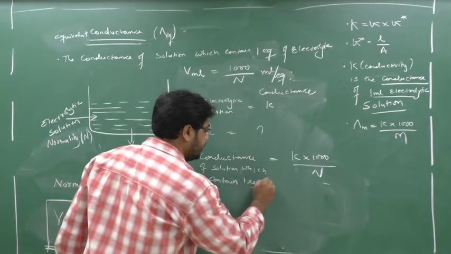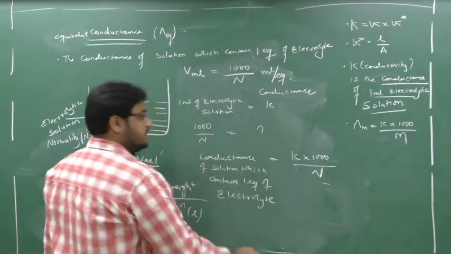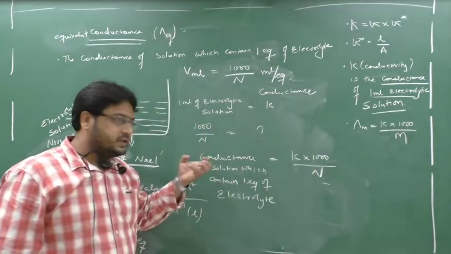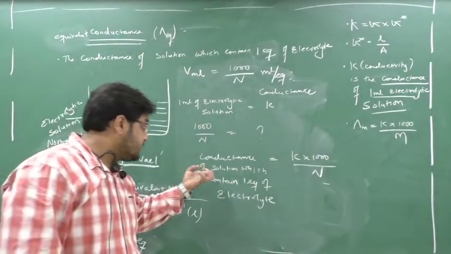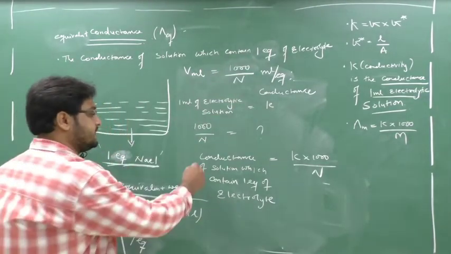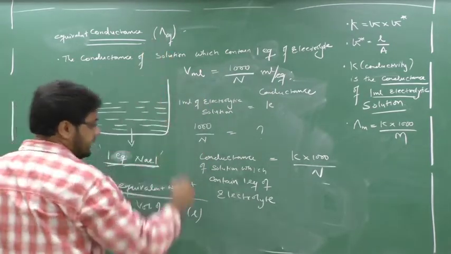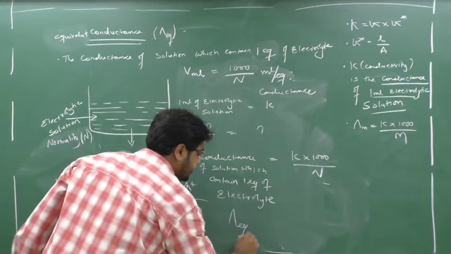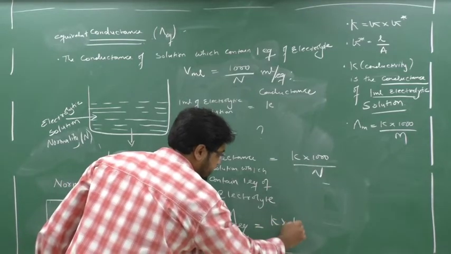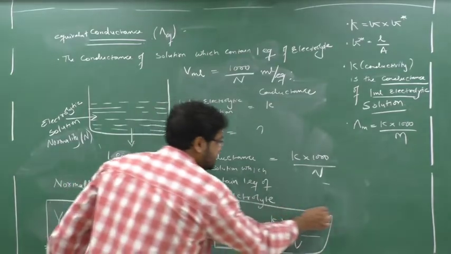So this K 1000 upon N is the conductance of the solution which contains 1 equivalent of electrolyte. And the conductance of the solution which contains 1 equivalent of electrolyte is known as Lambda EQ, that is the equivalent conductance. So the Lambda EQ formula is K 1000 upon N. Clear? So this is the derivation.